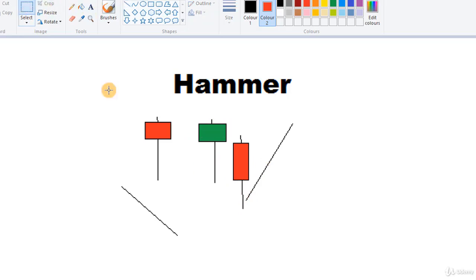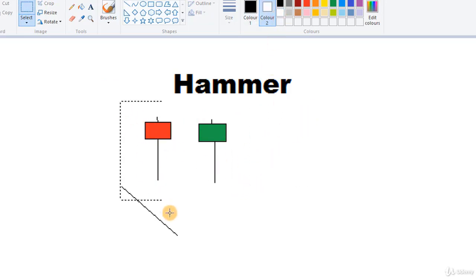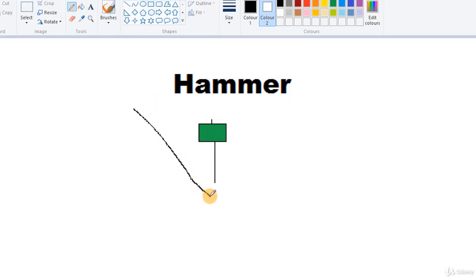And let's go with the hammer. To avoid confusion, let me delete these candles here. Let me delete them first of all. Okay, and just avoid the color basically. Let's think now this is a hammer. Hammer is always found in the downtrend, and let's say the trend is down here, we got the hammer.